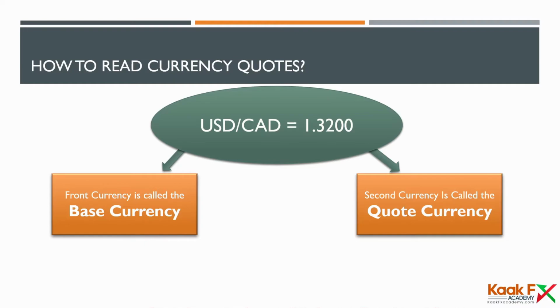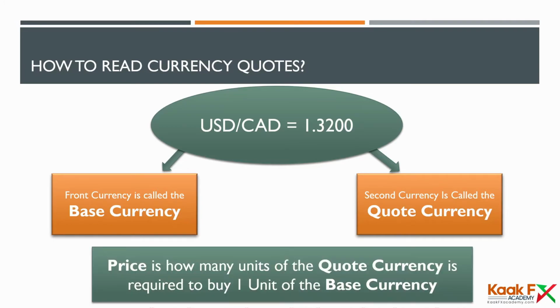Second we have the Canadian dollar, which would be considered the quote currency. Then at the end we have the price. Price is how many units of the quote currency are required to buy 1 unit of the base currency.